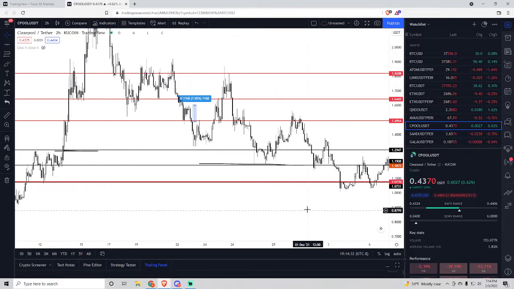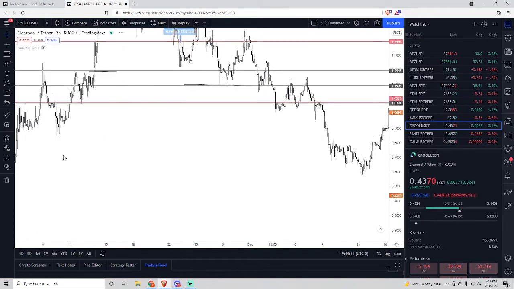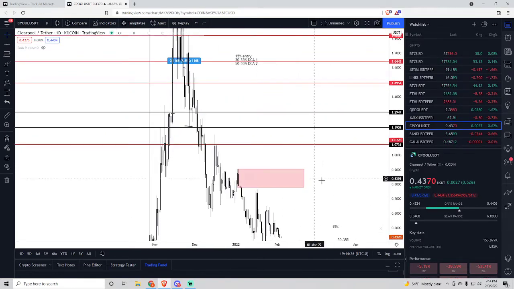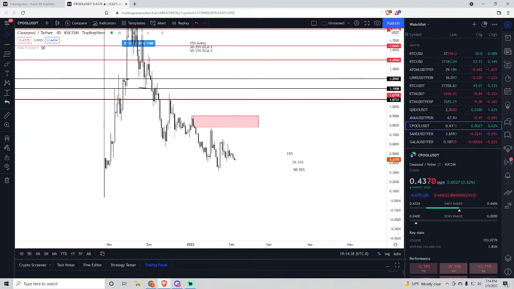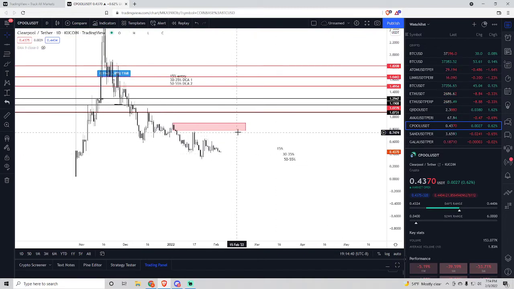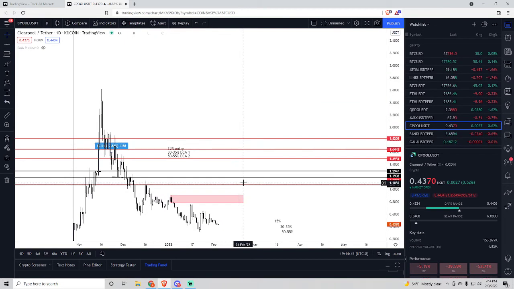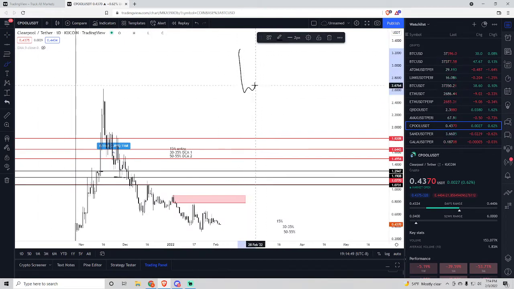I'm going to now look at supply zones. So again, supply zones, to my definition, are downwards movement, consolidation, downwards movement.